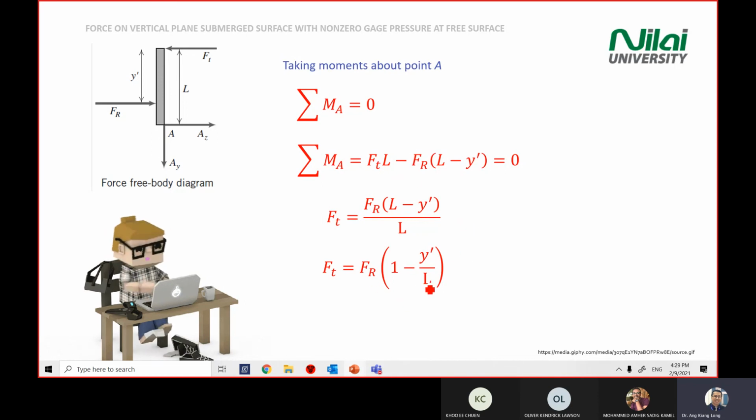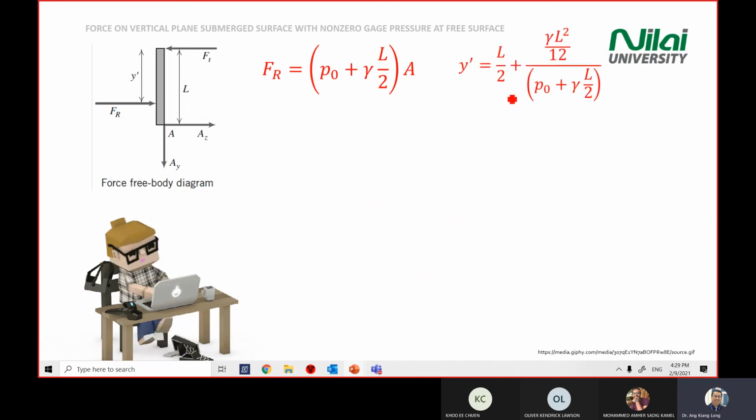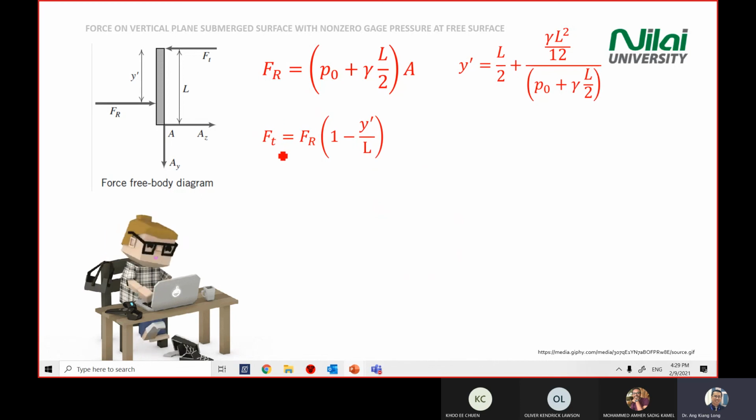The next is just to tidy up. So we have our FR, we have our Y prime location, we have our YT also. So in exam, you can calculate one number, and then you substitute into the equation here.